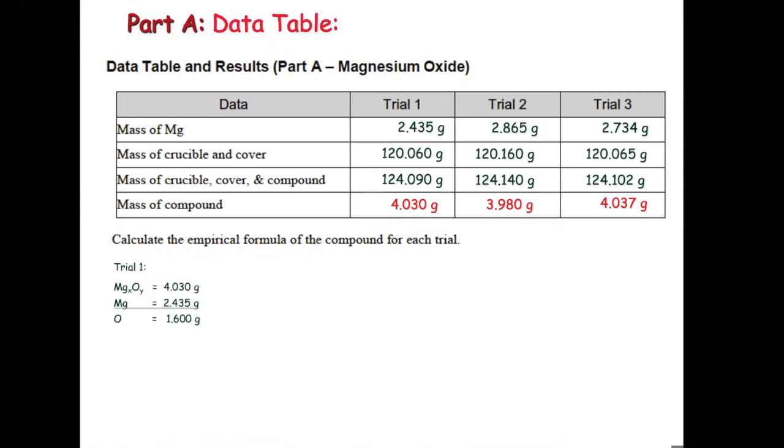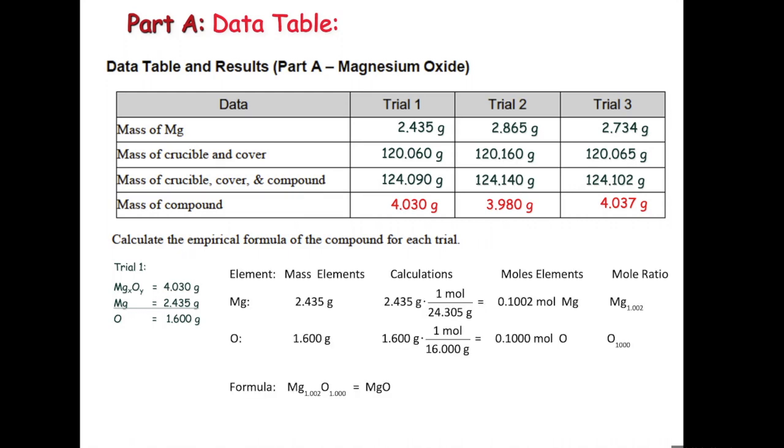So what you want to do now, like in our nickel calculation, is figure out how much oxygen is in this compound, this 4.03. So you take 4.030 and subtract the mass of the magnesium, 2.435, and you get 1.600 grams of oxygen. Now we want to convert those to moles.